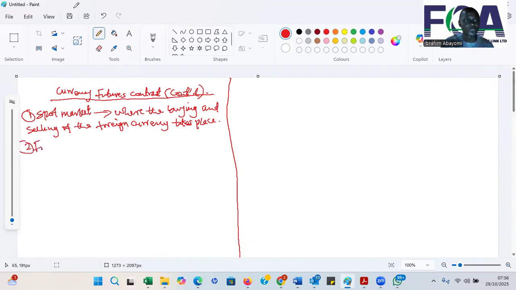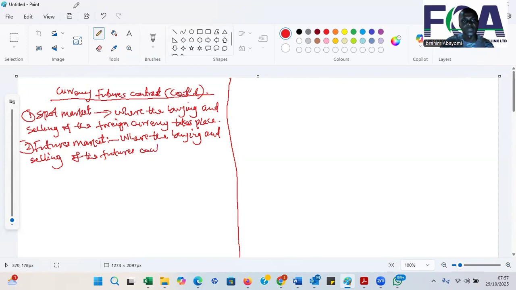Two, futures market. Futures market, where the buying and selling of futures contracts takes place.